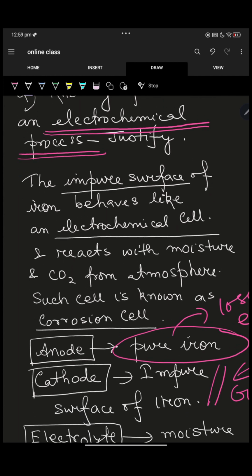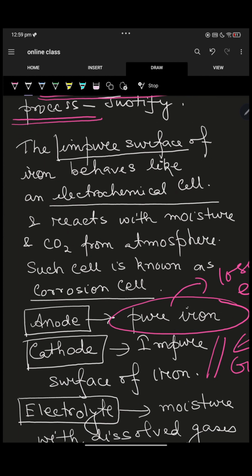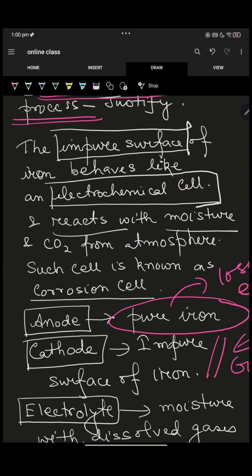What happens is the impure surface, where we can see the rusting has already started, is the impure part of iron that behaves like an electrochemical cell. And this impure surface reacts with moisture and reacts with CO2 from the atmosphere.